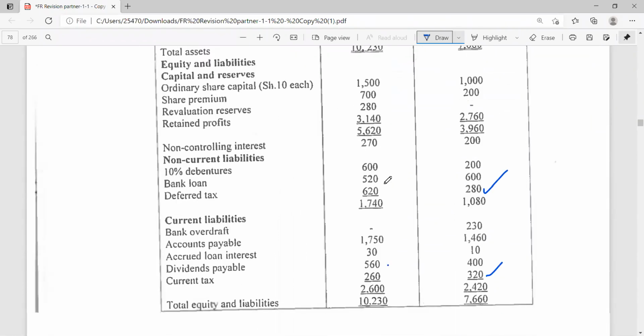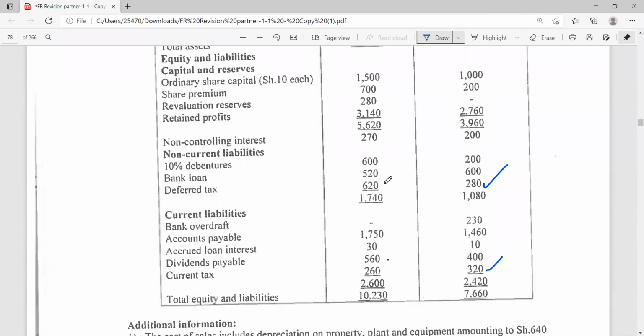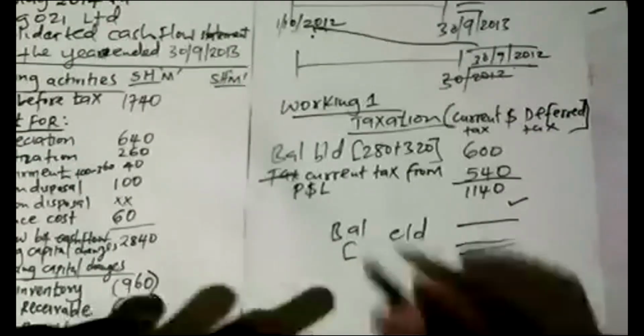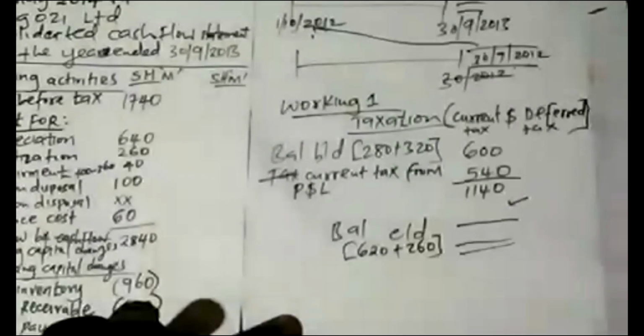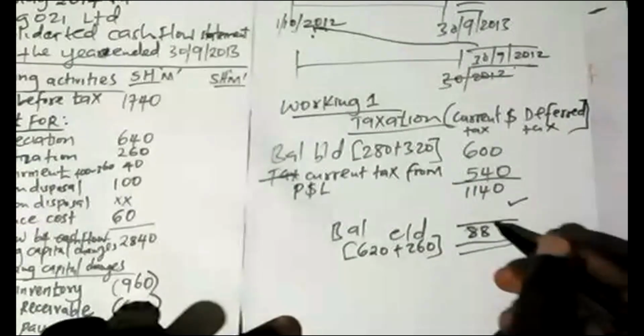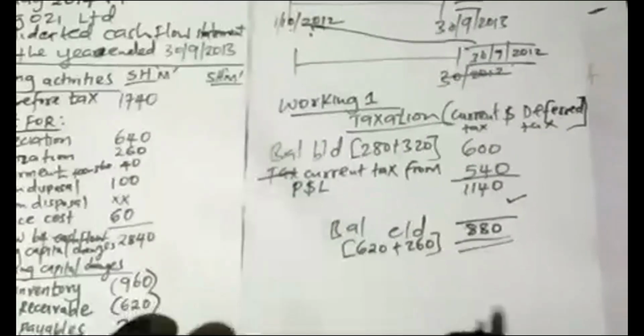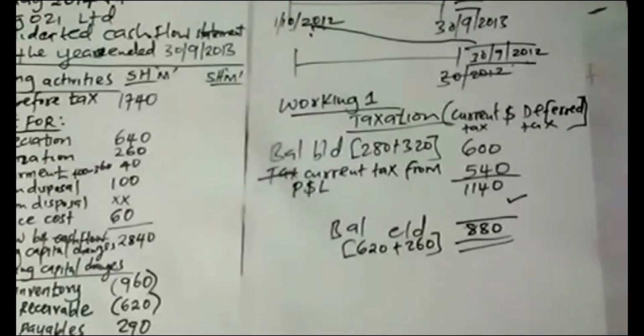For deferred it is 620, and we have a current of 260. So 620 plus 260, that is 880.